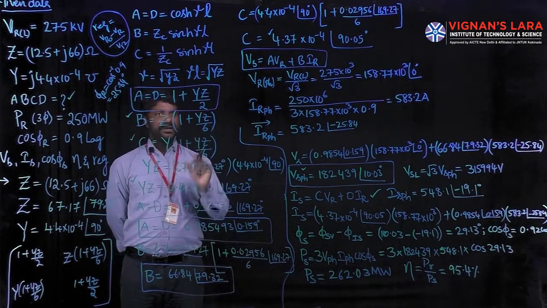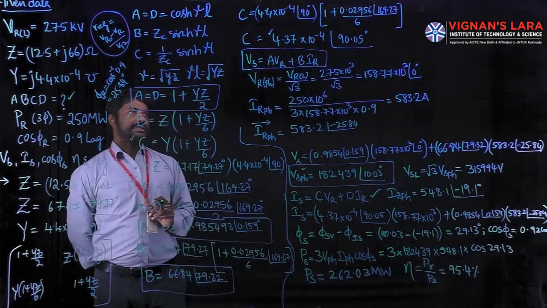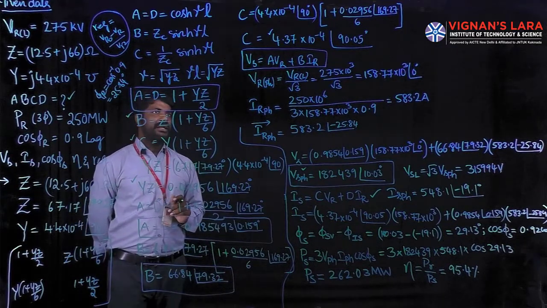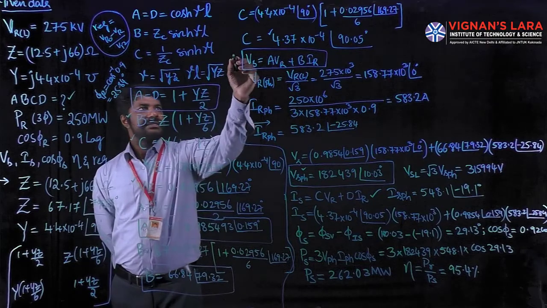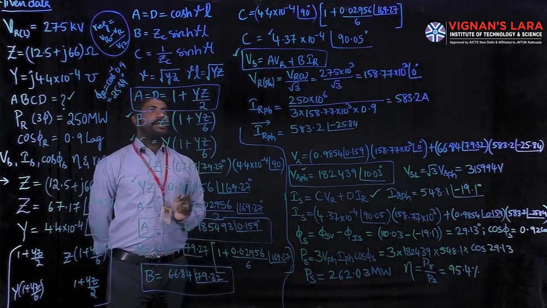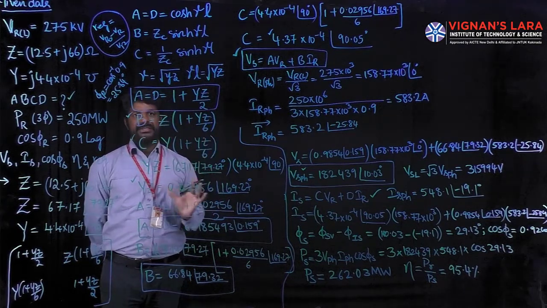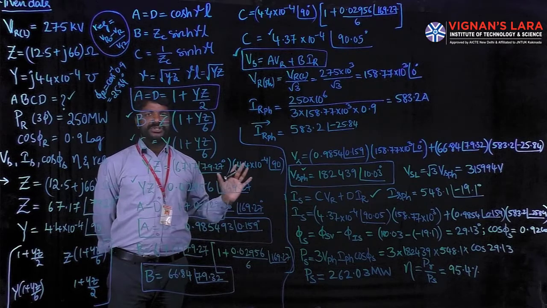But with this ABCD constants, as I am telling you, I want VR0. Okay. So how to get VR0? Yes, this equation plays a major role in getting VR0. No load we have specifically defined as the current on the receiving end being 0.